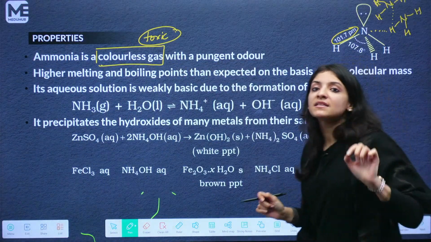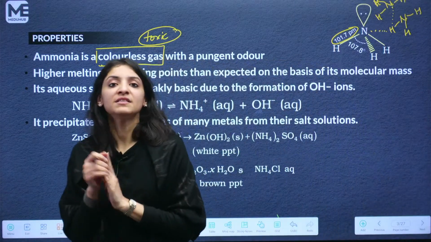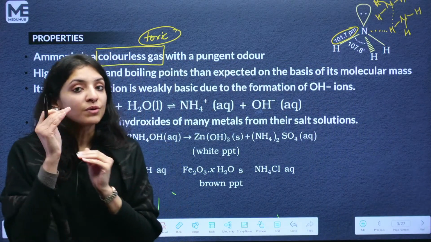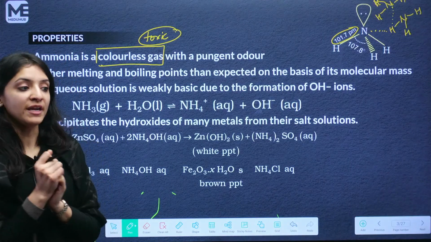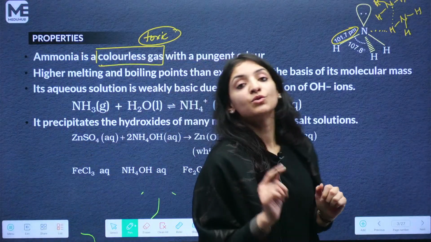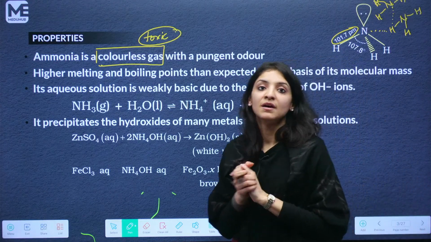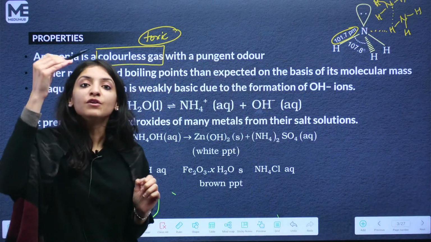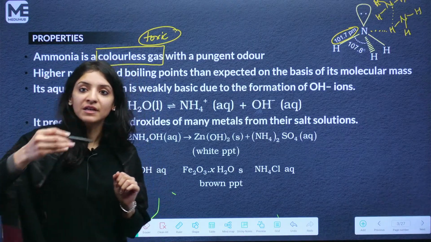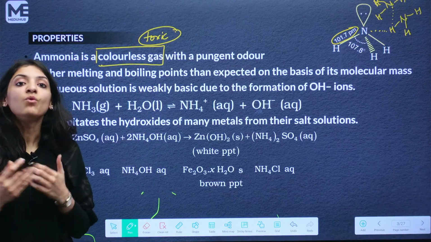For you to understand how important hydrogen bonding is, even though it's a weak force, look at water. Water is a liquid only because there is hydrogen bonding present. Otherwise, if you go down in group 16, after oxygen you have sulfur, so H2S is a gas, but water is a liquid.